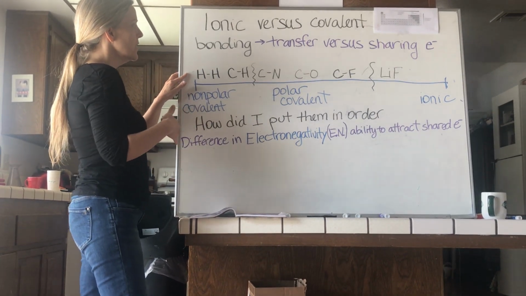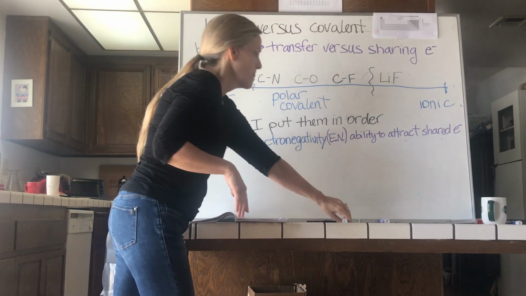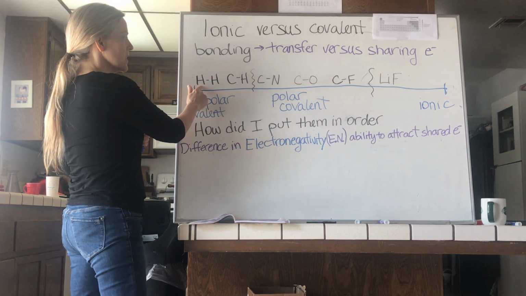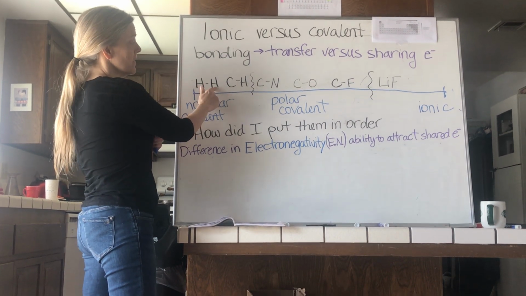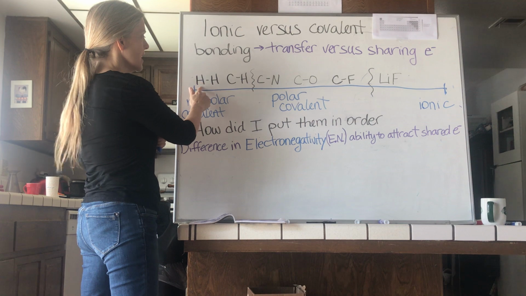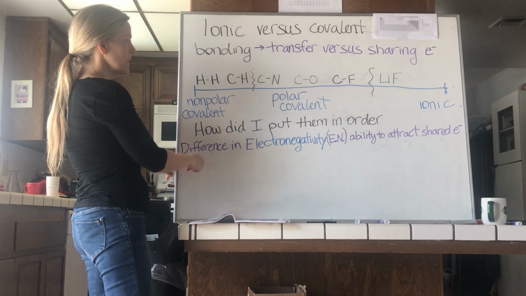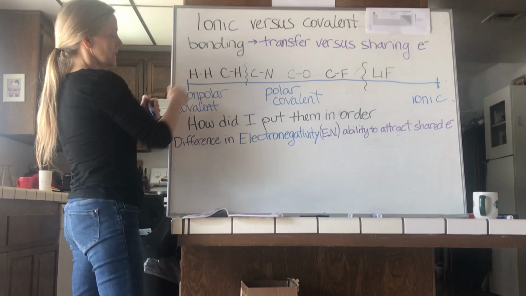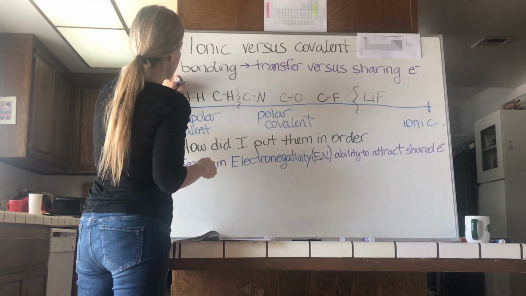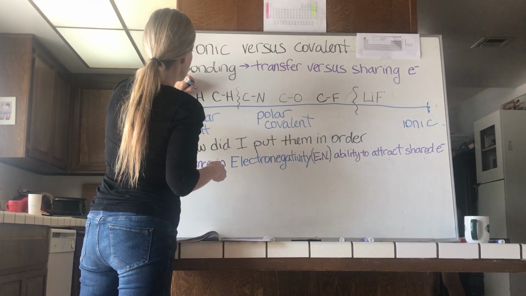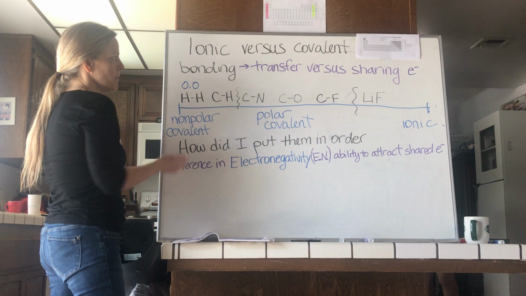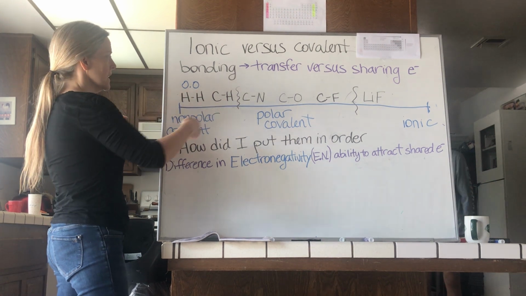So for all the way over here in this category, if I knew the electronegativity values of hydrogen, or even if I didn't know them, I know that they're the same electronegativity value, so the difference in them is 0. And I'm going to put 0.0 because you'll see why in a second.